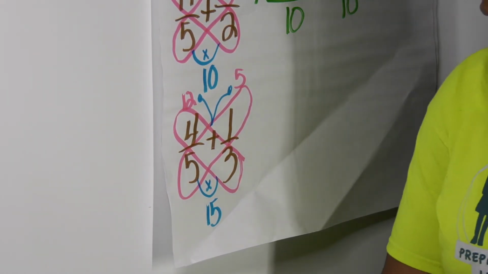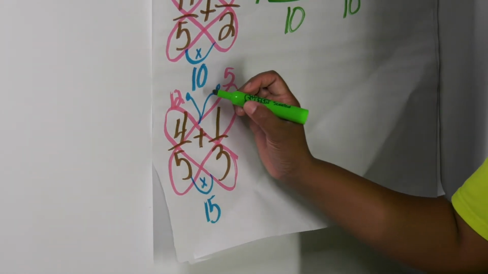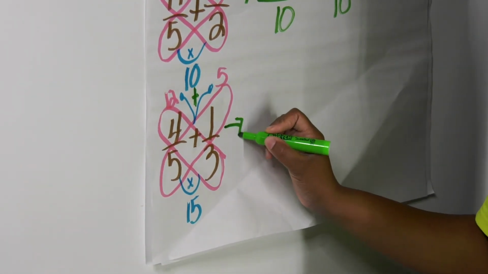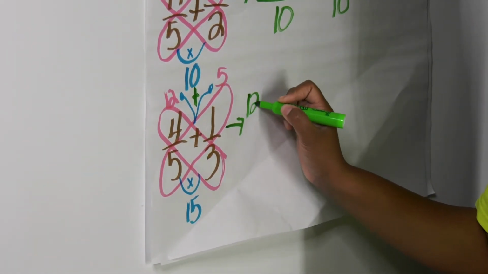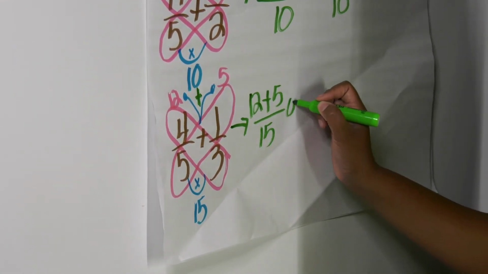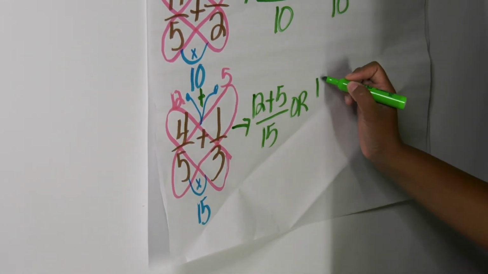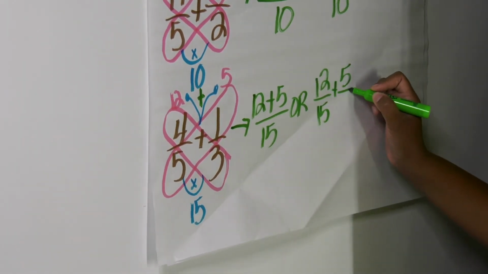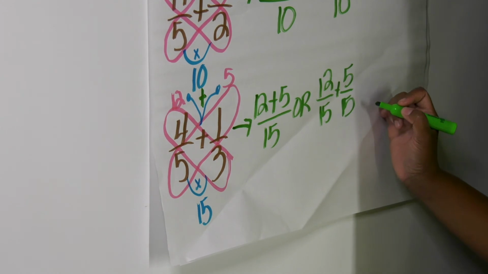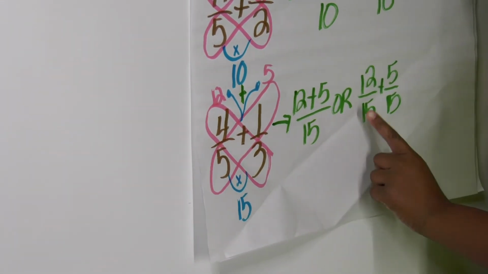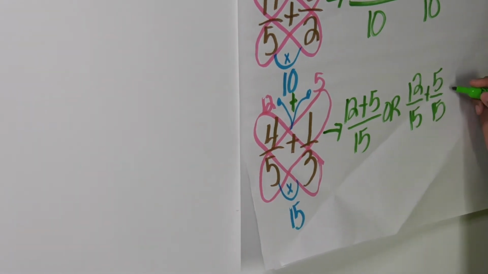So then our new fractions that we are adding, we can write it one of two ways. We can write 12 plus 5 over 15, or this is the same thing, 12/15 plus 5/15. Still gonna give us the same thing. The difference is I combined up here, made it into 1, which I'm gonna eventually do in my answer.